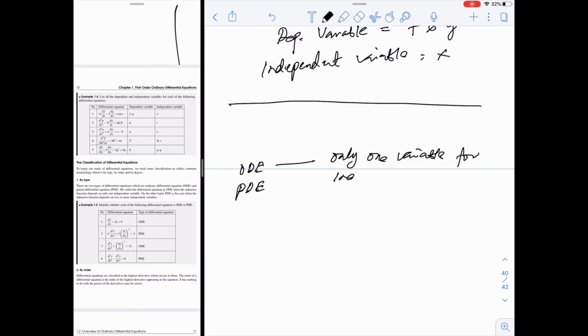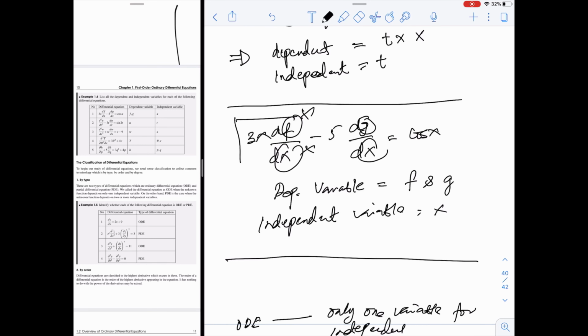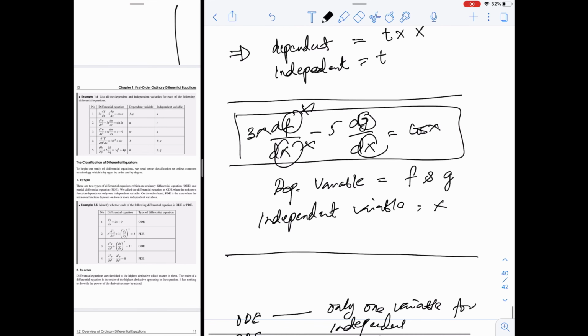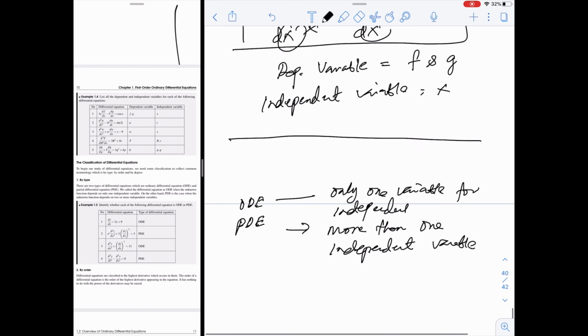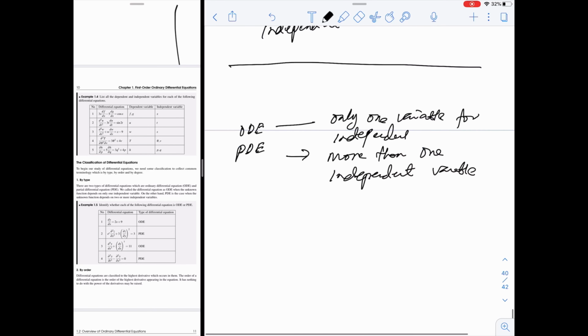For a PDE, there is more than one independent variable. So according to this, this equation is directly an ordinary differential equation, because it only has one independent variable.